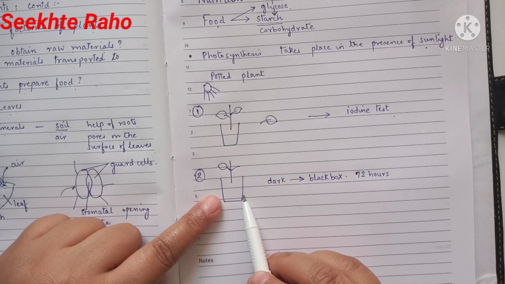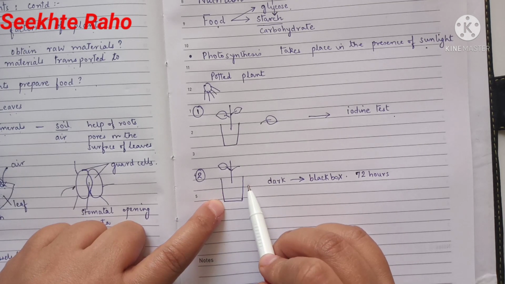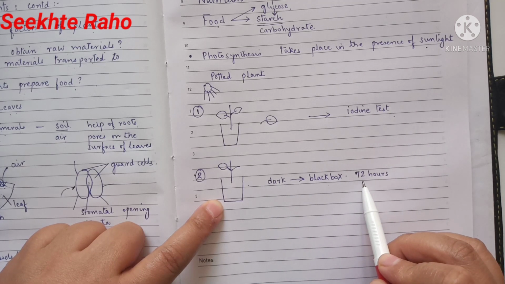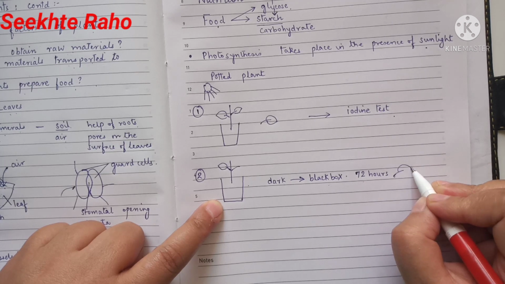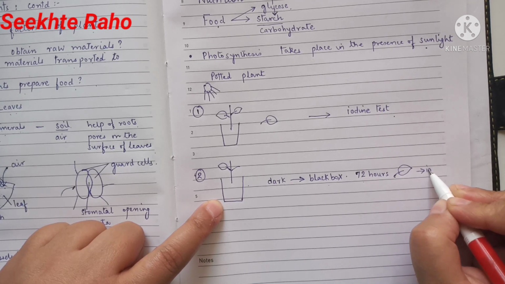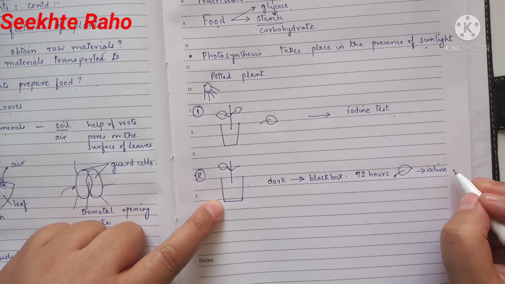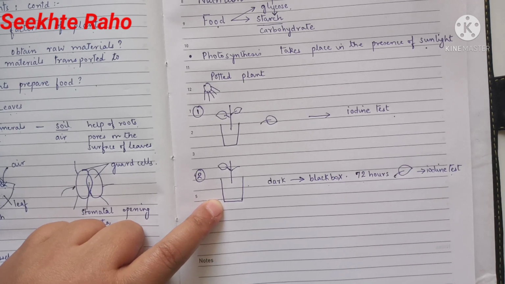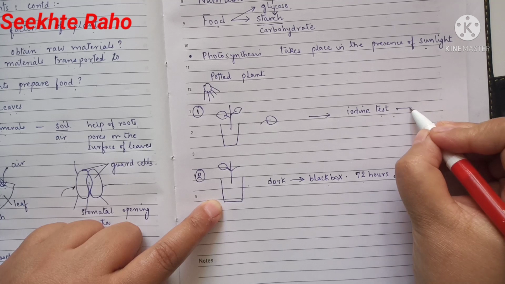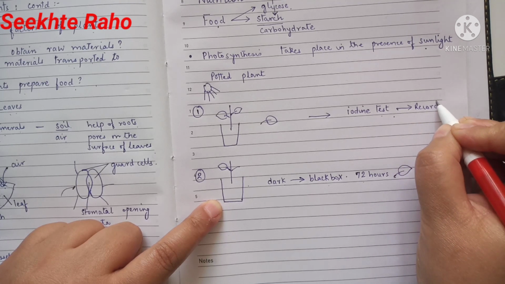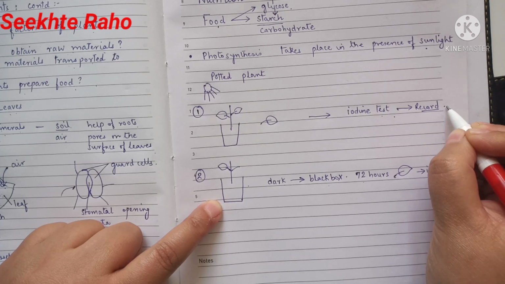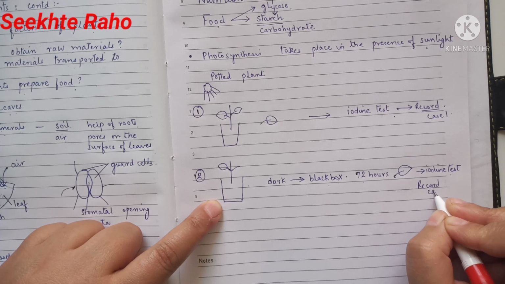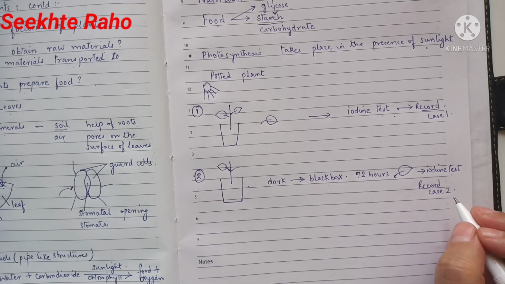For the second part of the activity, I am keeping the same plant now in a dark room or in a black box for 72 hours, and then I will pluck this leaf and perform the iodine test on this leaf also. I will record observations after the iodine test in case 1 and record observations in case 2 also, right?